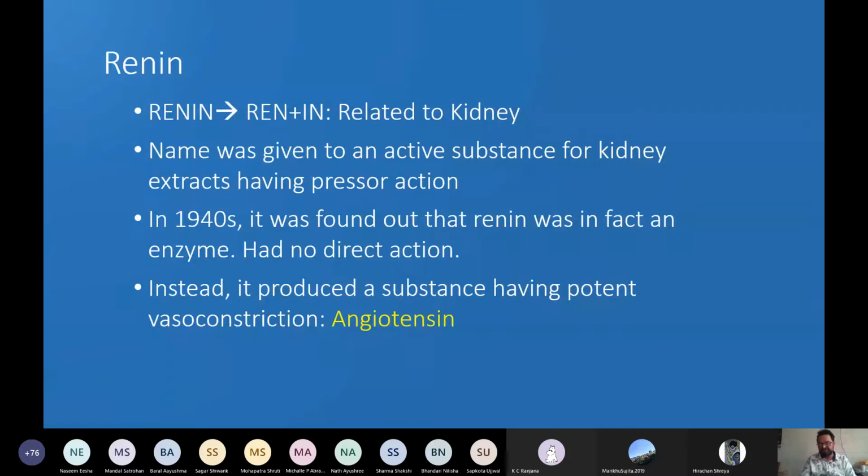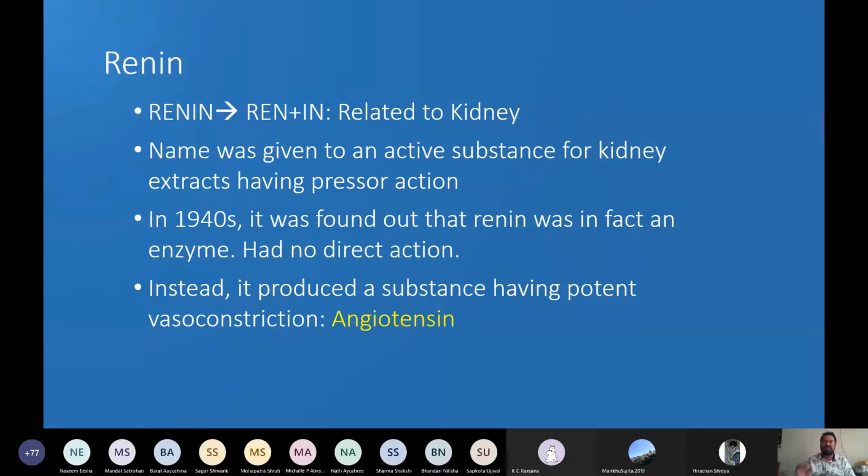And by the name itself, you should never forget angiotensin. What do you mean by that? Angio is something related to blood vessels, and tensin is something that will tense it up. That means angiotensin will tense up or contract the blood vessels. So the name itself tells you that it is a very potent vasoconstrictor.